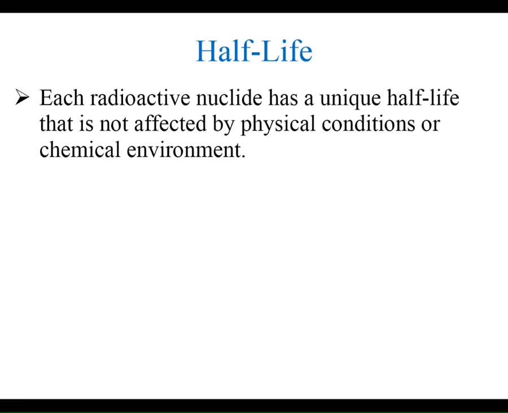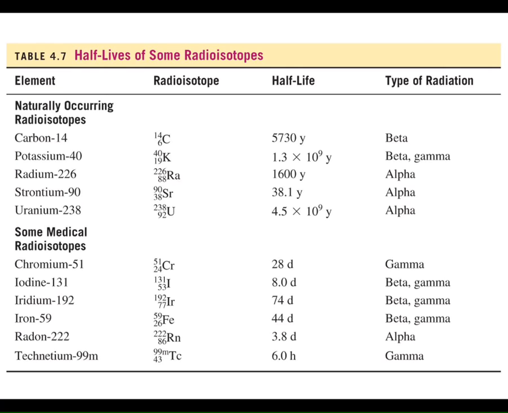Here's my short one. Let's say, for example, a really short one: technetium-99. That has a half-life of 6 hours. So every 6 hours, half of it's gone. Half of it's gone. Half of it's gone. So that one's really gone quick.